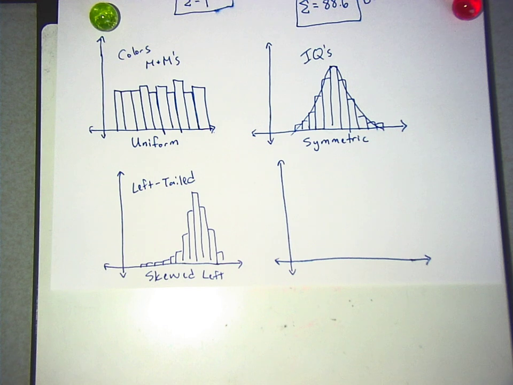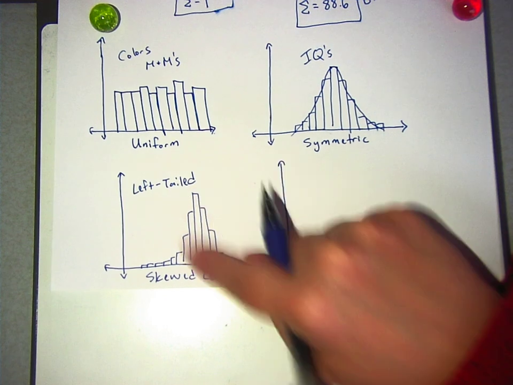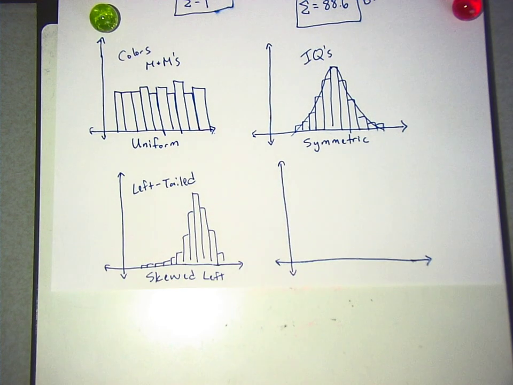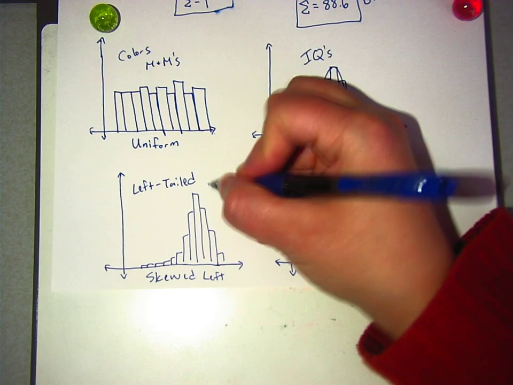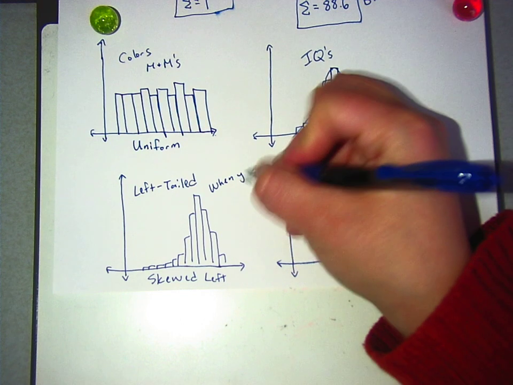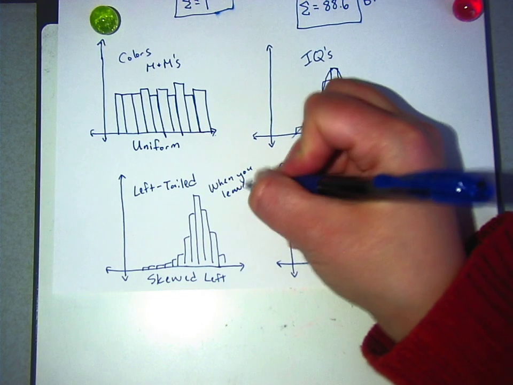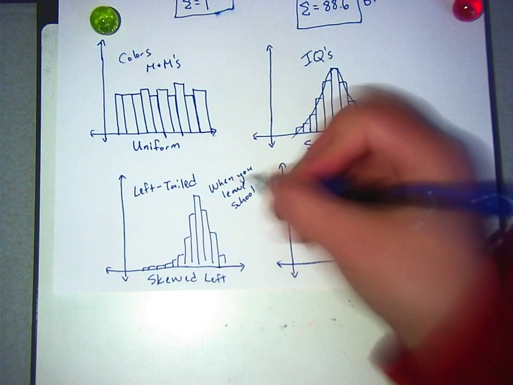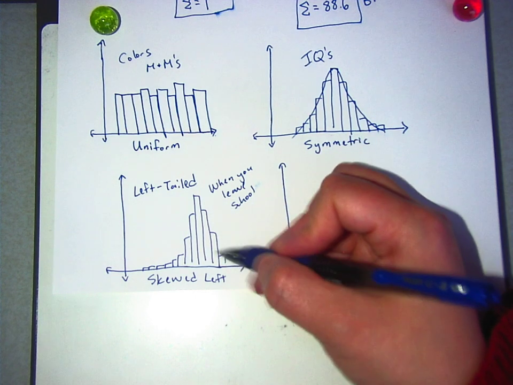Can you think of an example for this one where most people would be up in the upper range, but you got a couple people dragging off the side? Say, average end time of the school day. Oh, that's a good idea. So maybe when you leave school? Yeah. So most people are leaving school at the end of the day. Some people are staying late, right?